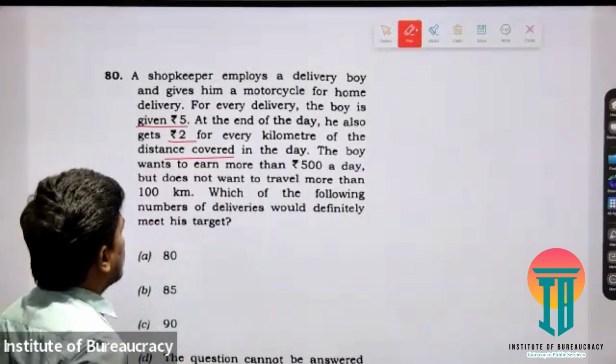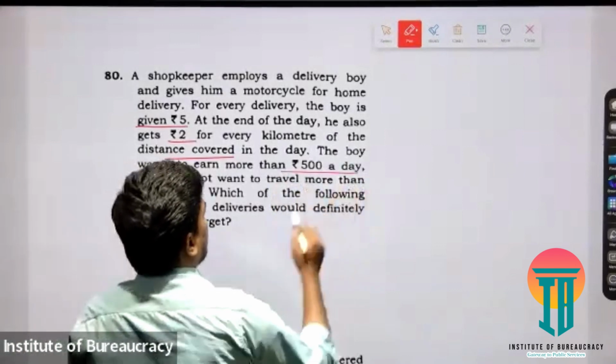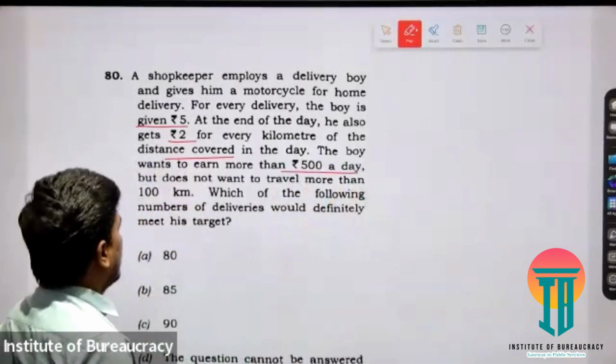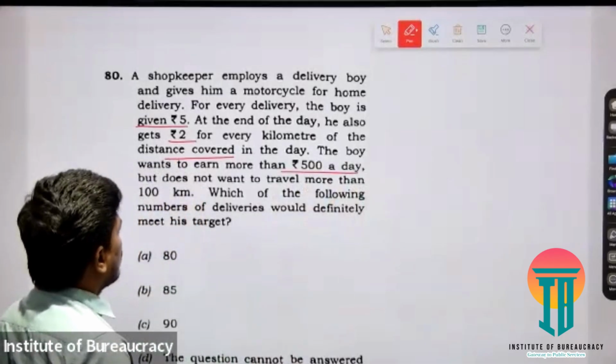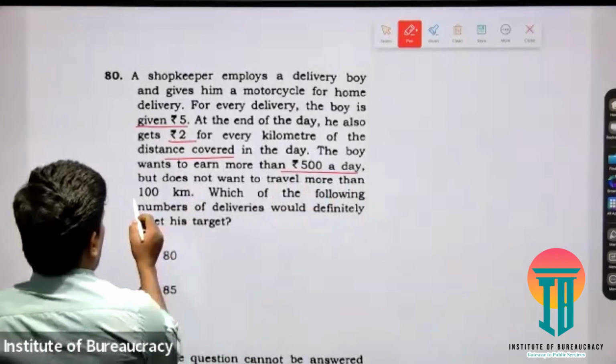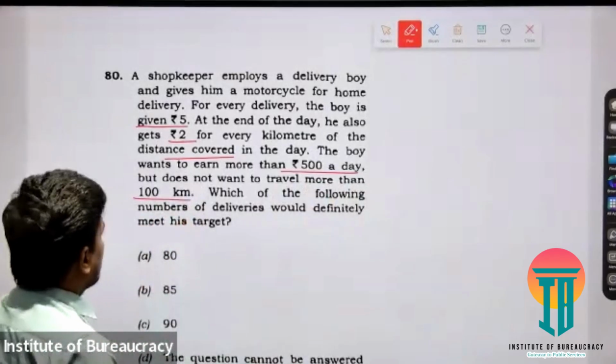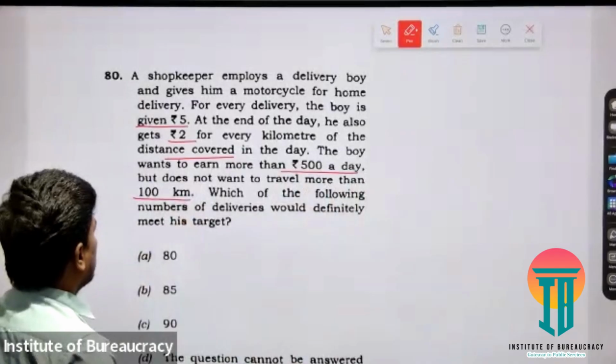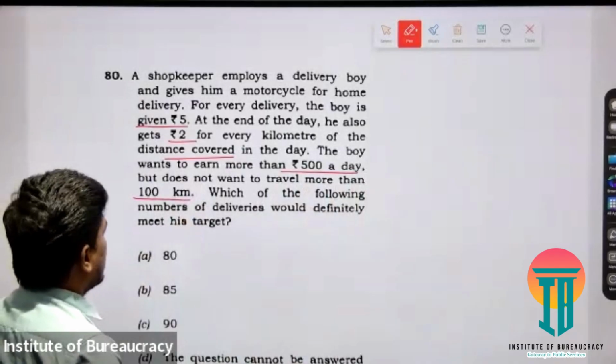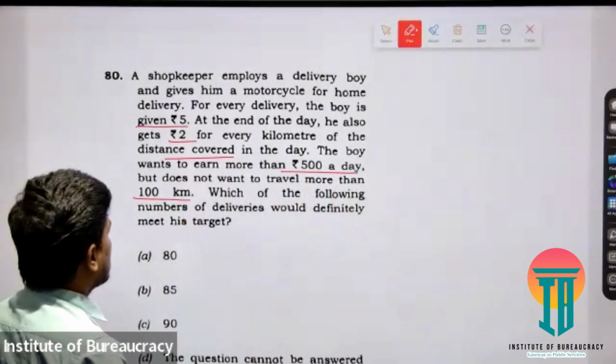The boy wants to earn more than 500 rupees a day, but does not want to travel more than 100 kilometers. Which of the following numbers of deliveries would definitely meet this target?